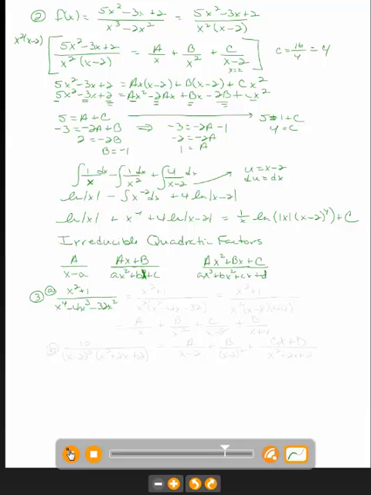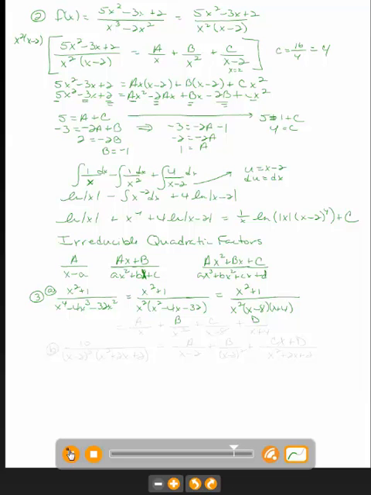Okay, so if I factor the bottom, I can take an x squared out of it, and I'm left with x squared minus 4x minus 32. Combinations for 32 that add to negative 4. That one actually factors. That would be x minus 8 times x plus 4. So x is the repeated factor, so I've got to take care of that.